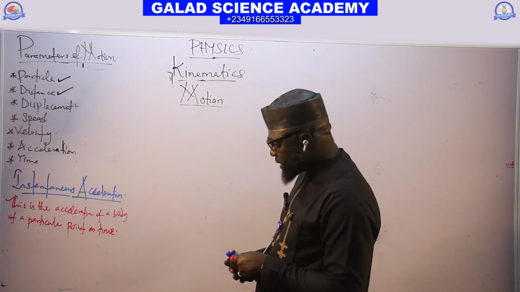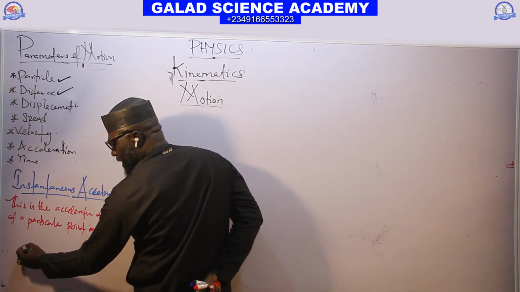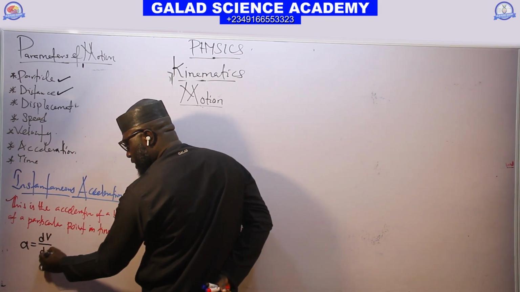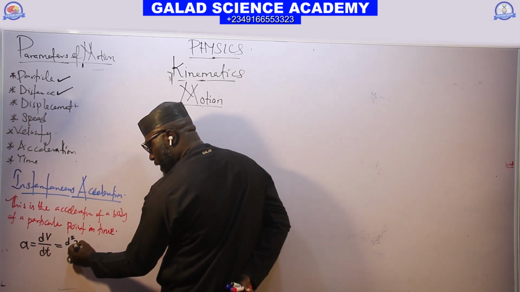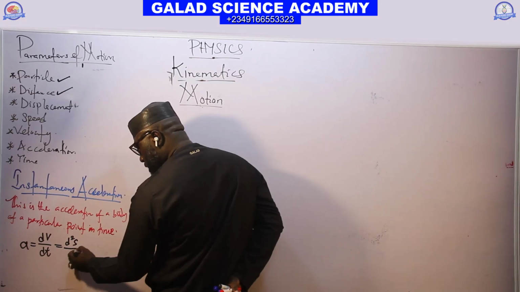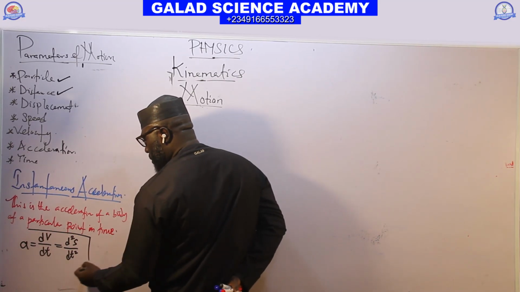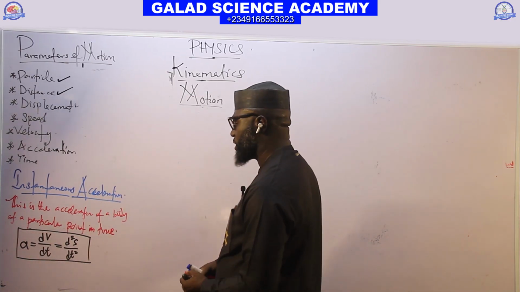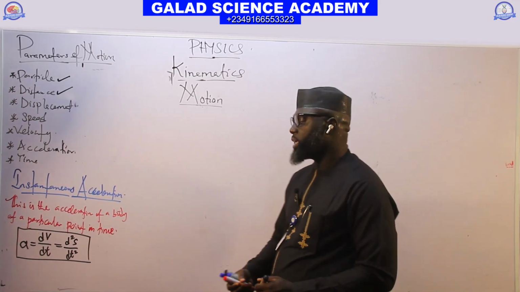And the instantaneous acceleration can be expressed mathematically as acceleration A equals dV over dT, or d squared x over dt squared. So this is the formula for the acceleration of a body at a particular point in time.